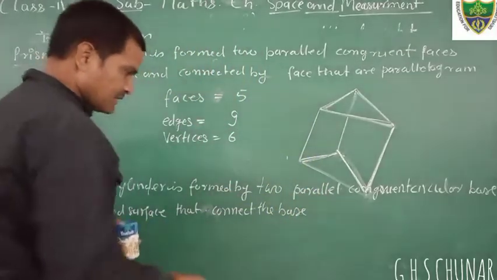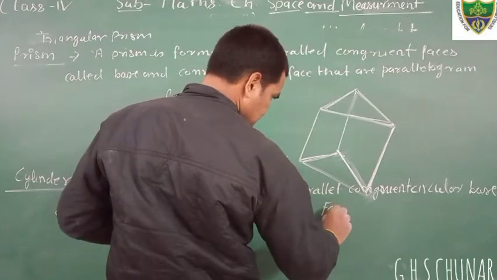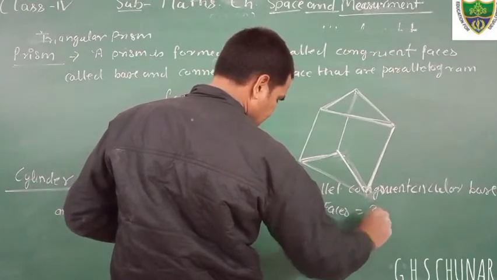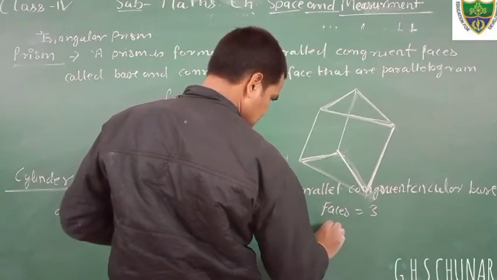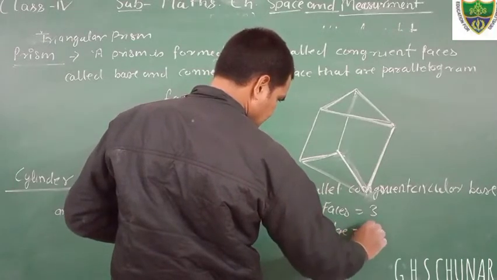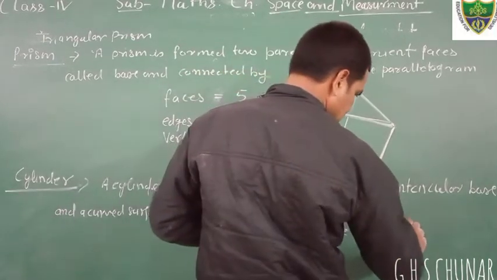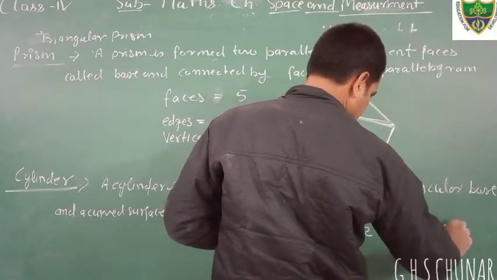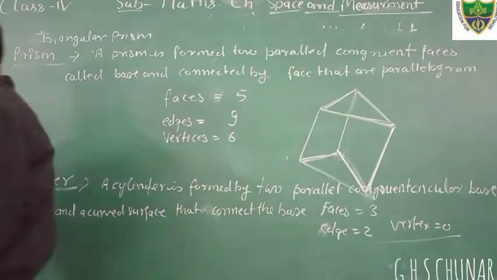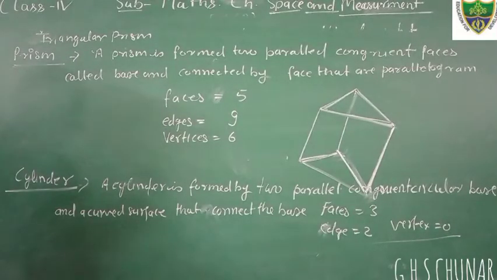So how many faces? Here the faces are 3, edges that is 2, vertex 0. Here one edge and 2 edges. This is the vertex 0. Okay. Now next is pyramid. First you note it.